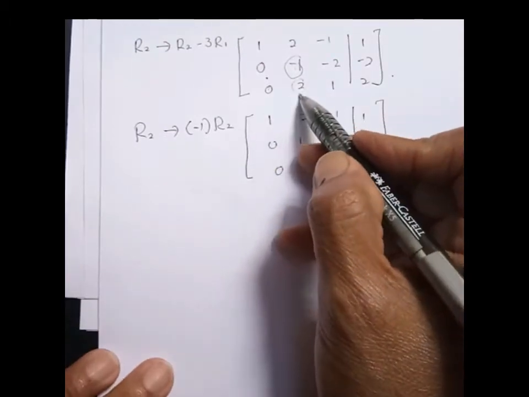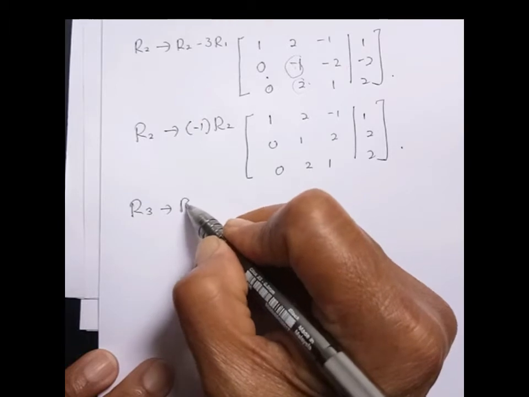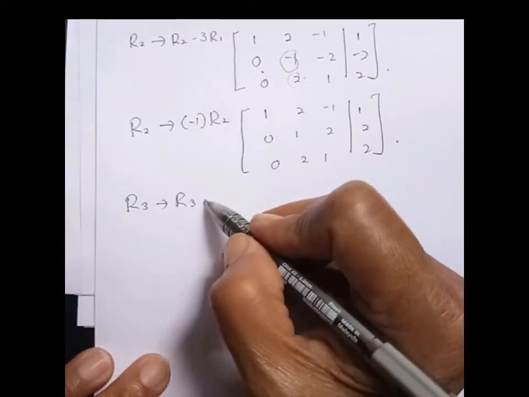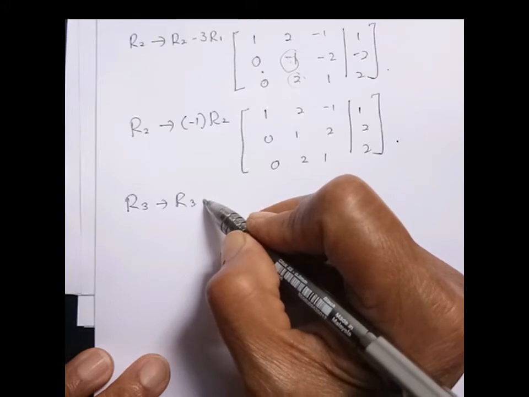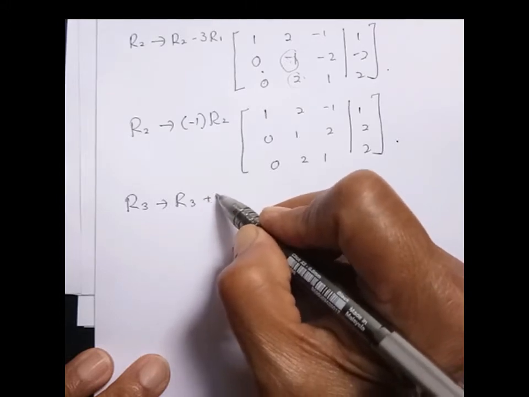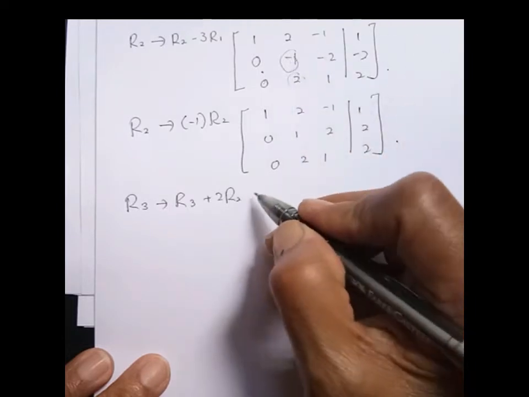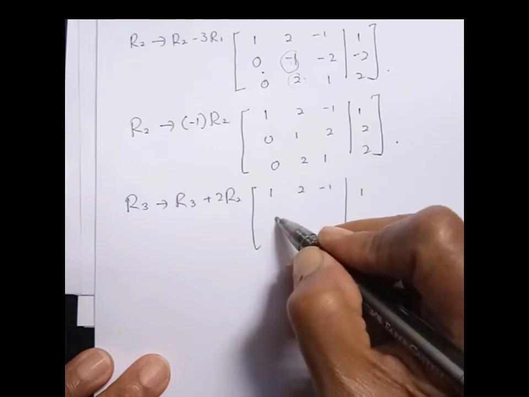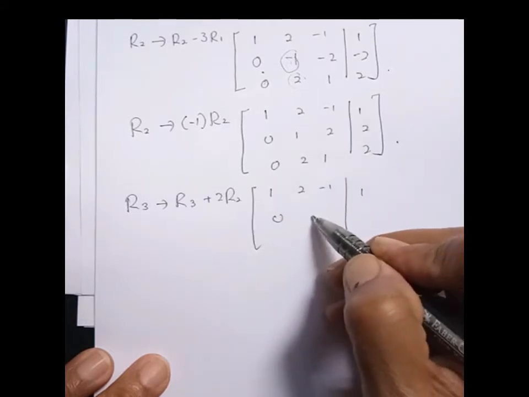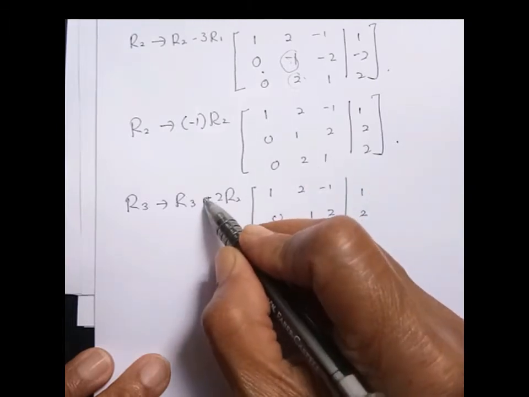Next, this one must be 0. So row 3 is row 3 plus 2 row 2. So we have 1, 2, minus 1, 1, then 0, 1, 2 and 2. Here is 0. This should be minus.